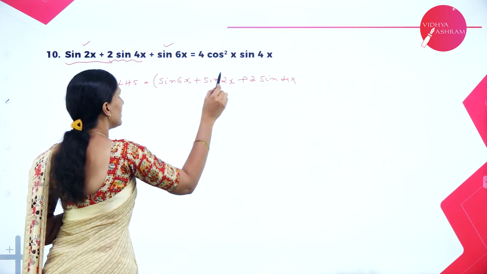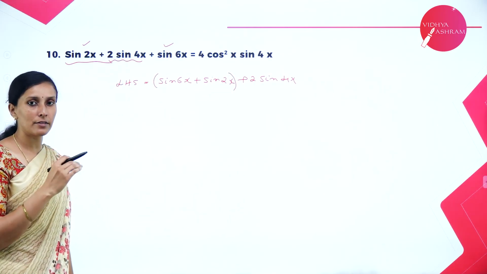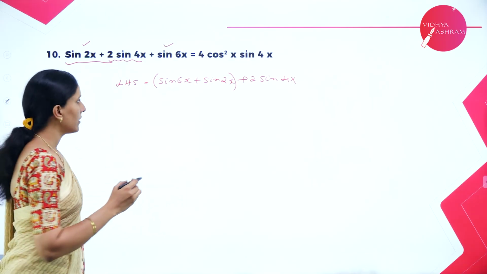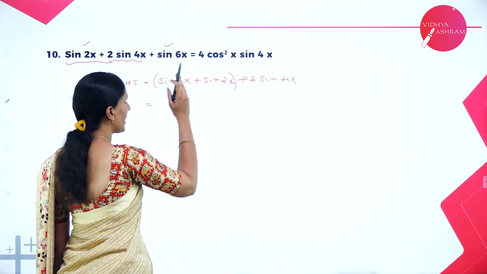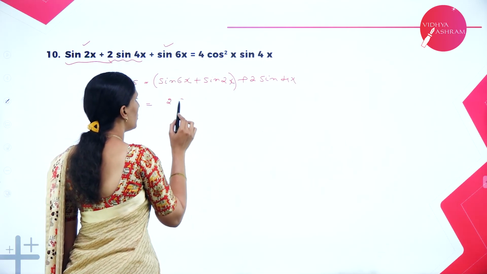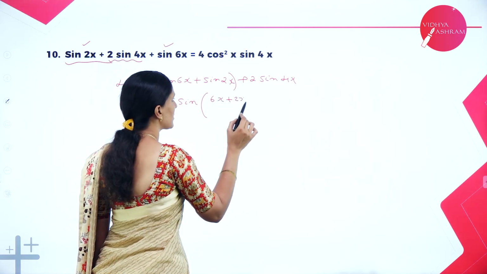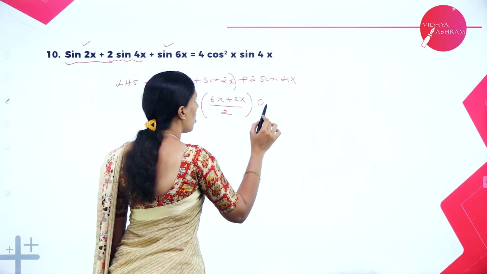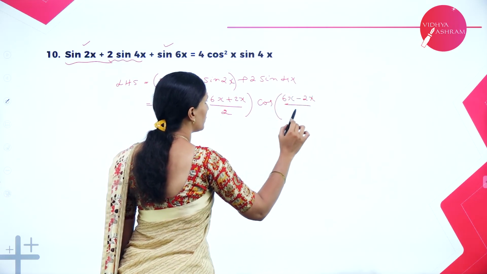Now let me apply the transformation formula for the first two terms, that is in the form of sine x plus sine y. By applying the transformation formula, I can write sine x plus sine y as 2 sine (x plus y) by 2, that is (6x plus 2x) by 2, into cos (x minus y) by 2, that is (6x minus 2x) by 2.